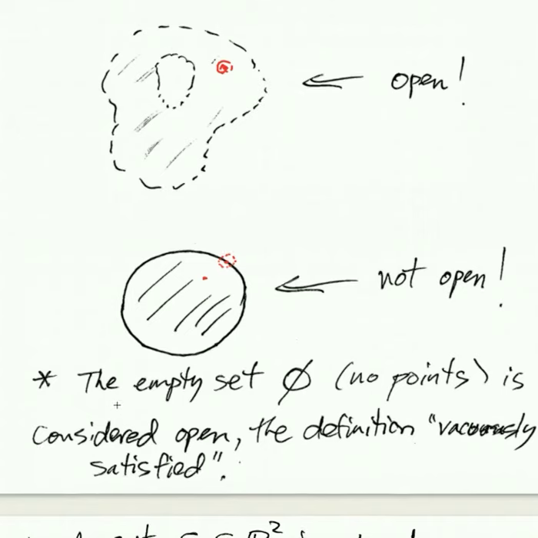By the way, let's throw this in here. The empty set, sometimes written this way, the null set, has no points at all, and is considered open because the definition is vacuously satisfied. What does that mean? The set of interior points would be empty because there are no points, and we consider the empty set a subset of the empty set.